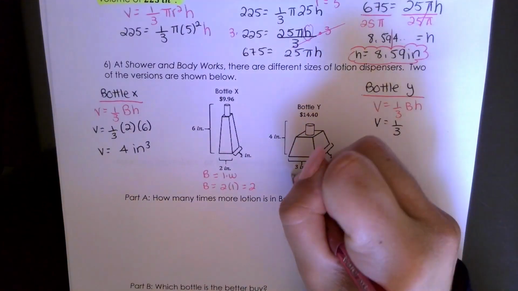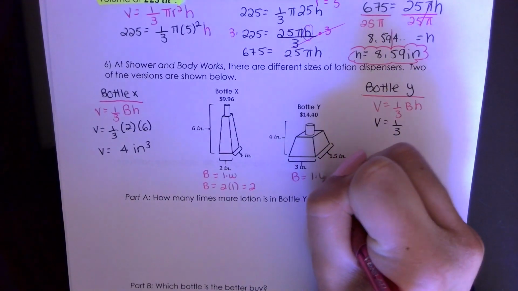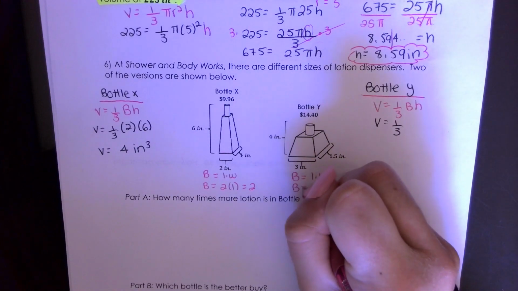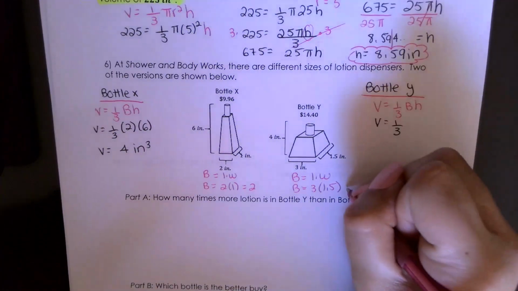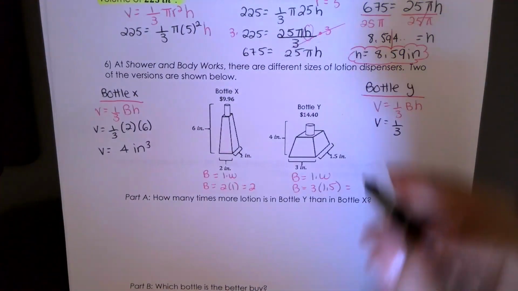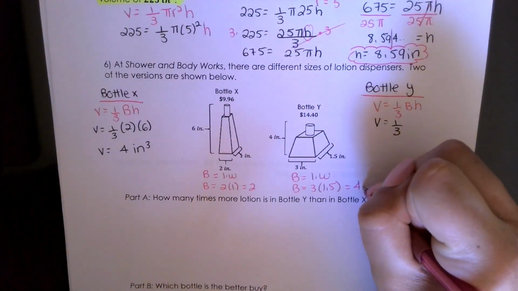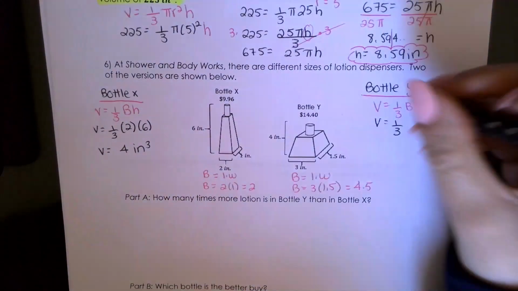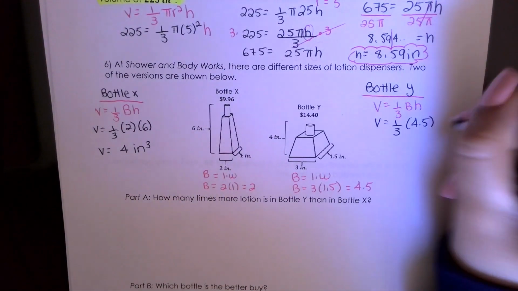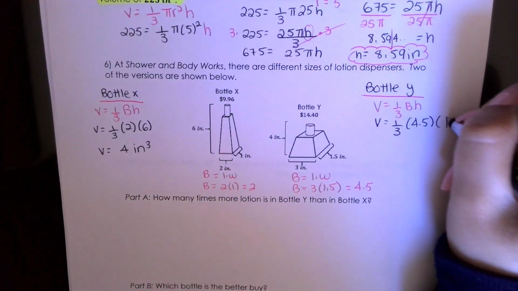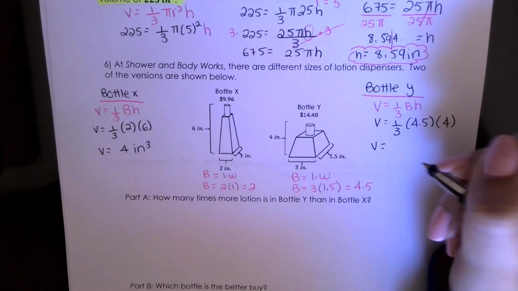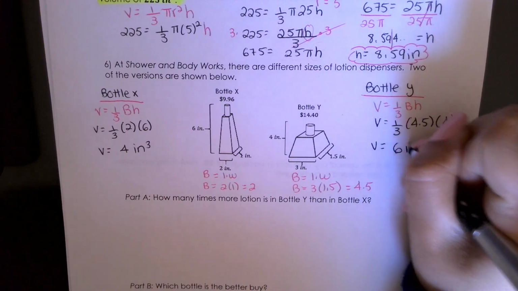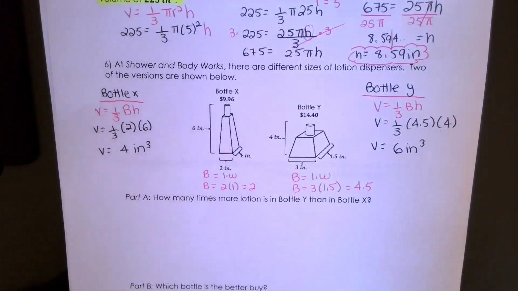So for the area of the base, it's length times width. 3 times 1.5. When you multiply that, you get 4.5. 4.5 times the height, which is 4. Multiply, multiply, then divide by 3. The volume for bottle Y is going to be 6 inches cubed.